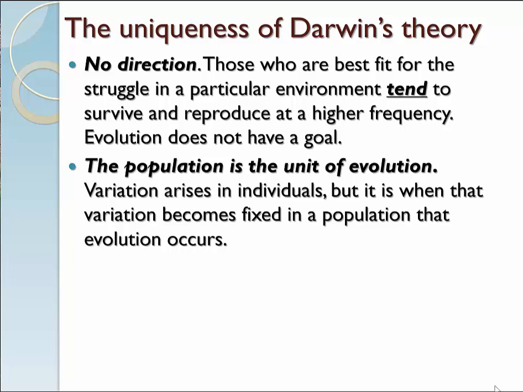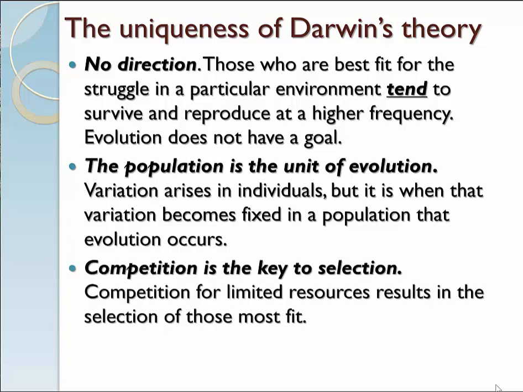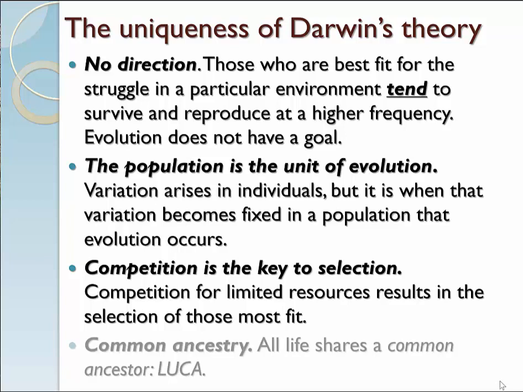So if a variation arises in an individual, but they don't pass on their genes, then that's not evolution. It's when those variations spread in a population that evolution occurs. And then the key to selection is competition. Competition for limited resources results in the selection of those most fit and the elimination of those less fit.